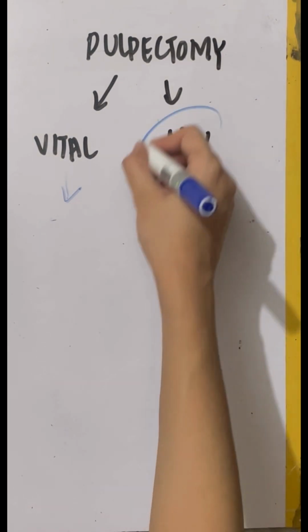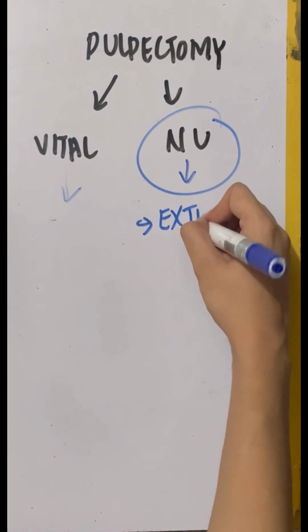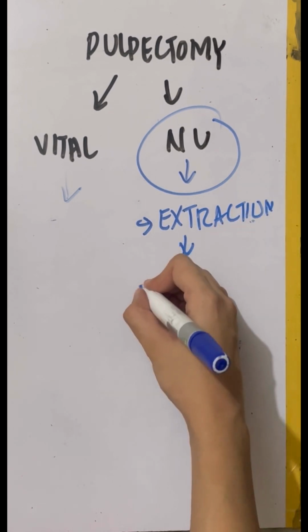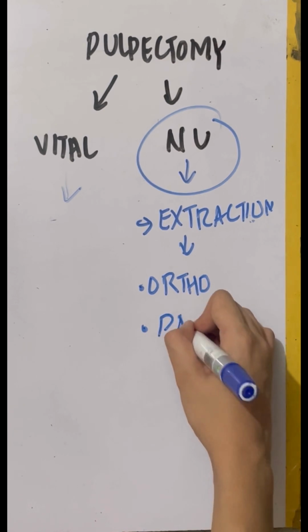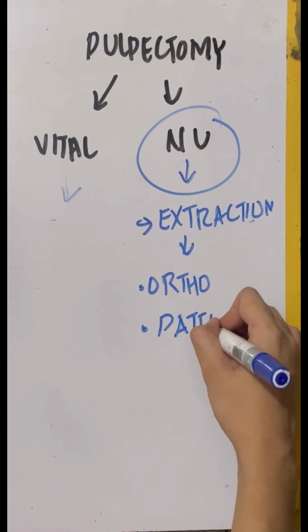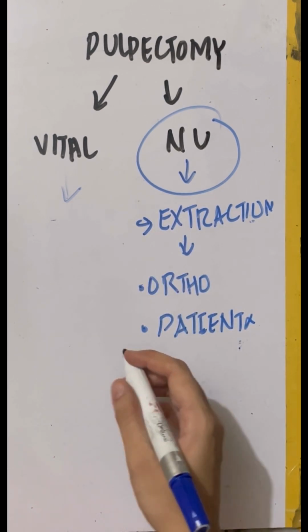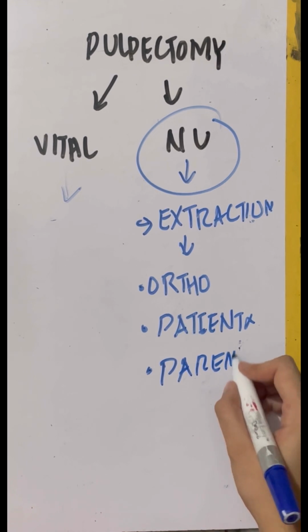We perform non-vital pulpectomy when we want to avoid extraction, such as in orthodontic procedures, or when the patient's medical condition does not allow us to perform the extraction, or when the parent does not allow the extraction.